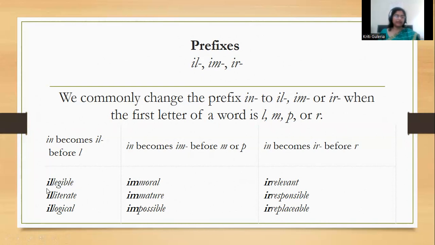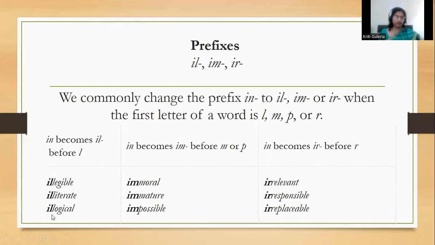The new word will become illegible, something which cannot be read. Legible is something which can be read. Literate, a person who can read and write. Illiterate, a person who cannot read and write. So in negative becomes il for any word starting with L.